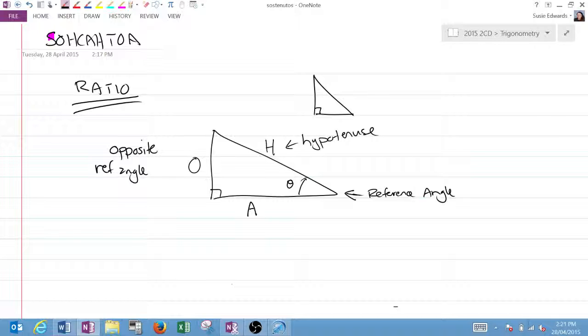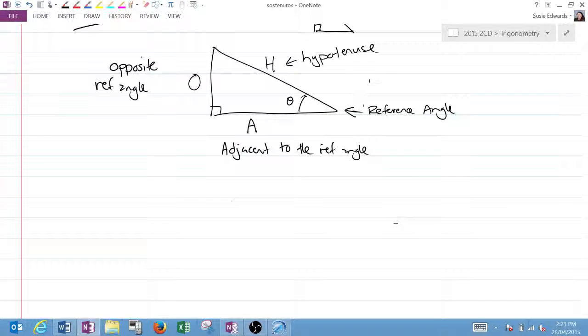It's always the side between the right angle and the reference angle. So A means adjacent to the reference angle. Okay? Everything is related to the reference angle. Everyone okay with that? It should be very much revision.